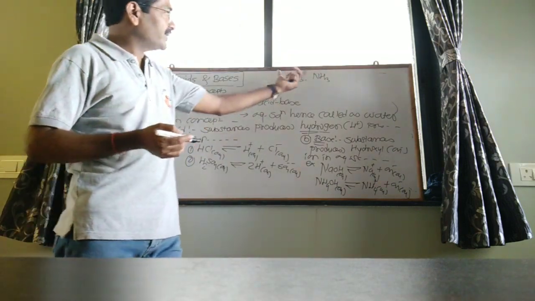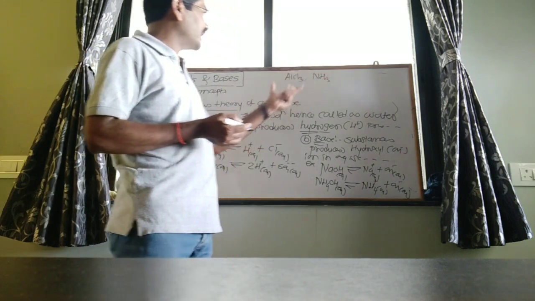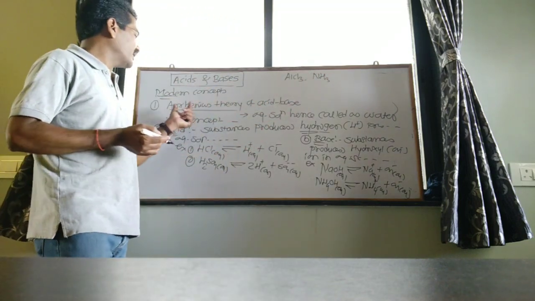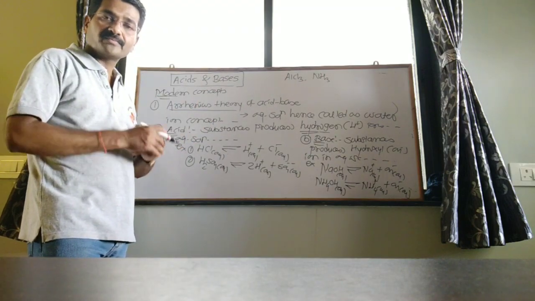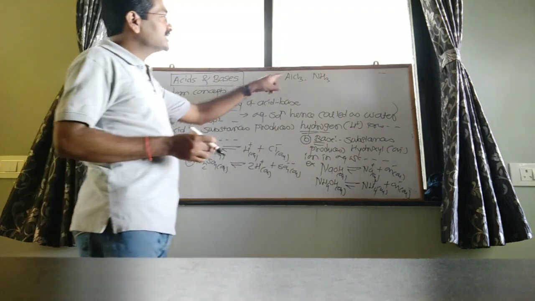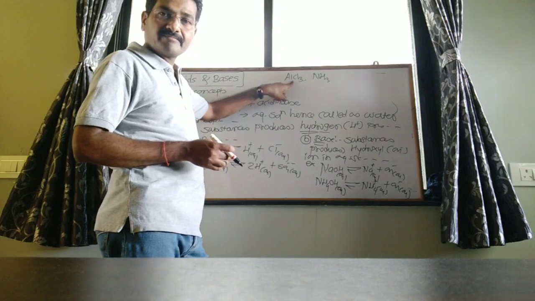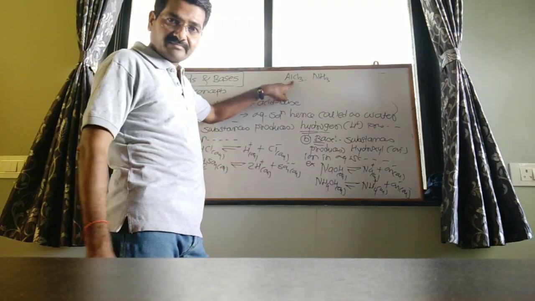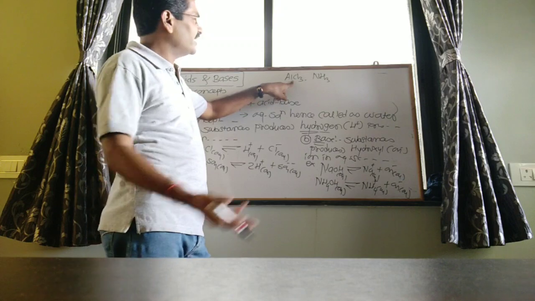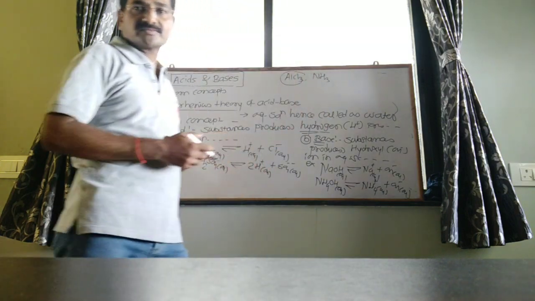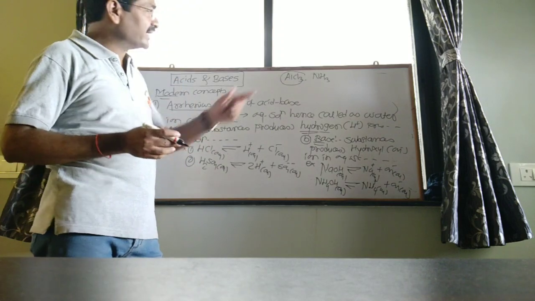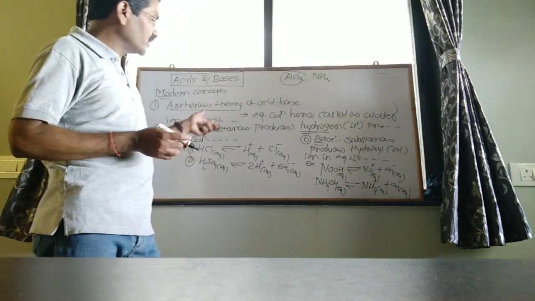But the acidic and basic characters of AlCl3 and NH3 cannot be explained by the Arrhenius concept when dissolved in aqueous solution. Suppose AlCl3 dissolves in water, it does not give H plus because it does not contain H plus ions. So we cannot prove AlCl3 is an acid according to Arrhenius.